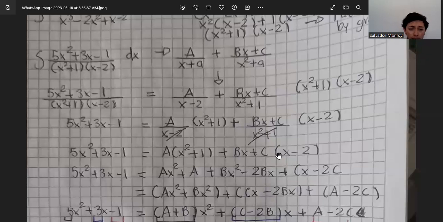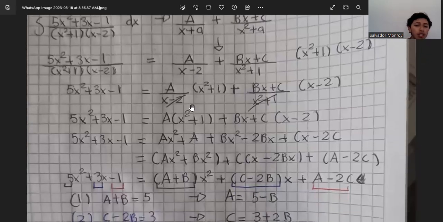So with that, we can do some algebra, multiplying A by the binomial next to it, which is x squared plus 1, and Bx plus C is multiplied by the other binomial. If we do the algebra, we have the final sum of expressions, which is Ax squared plus A plus Bx squared minus 2Bx plus Cx minus 2C.